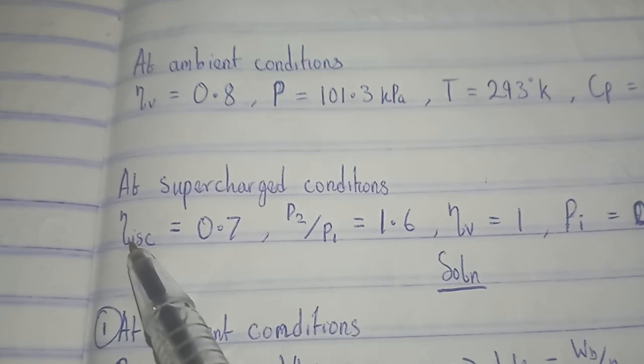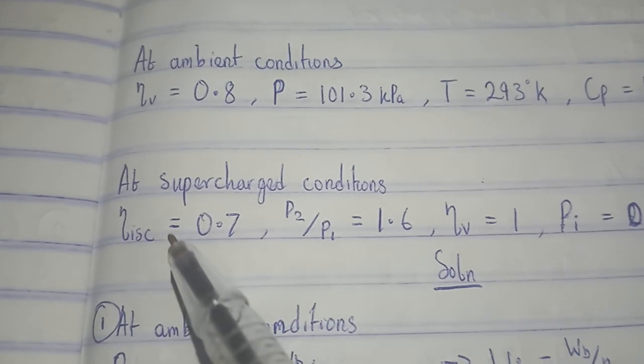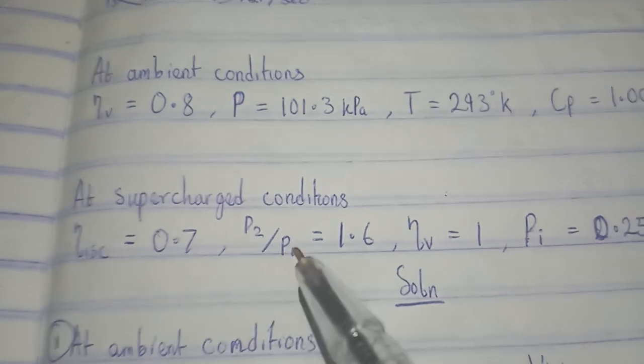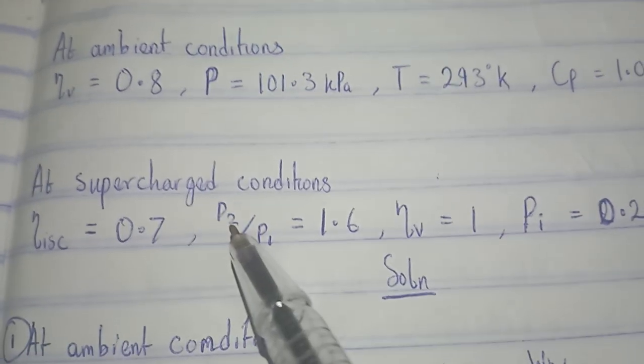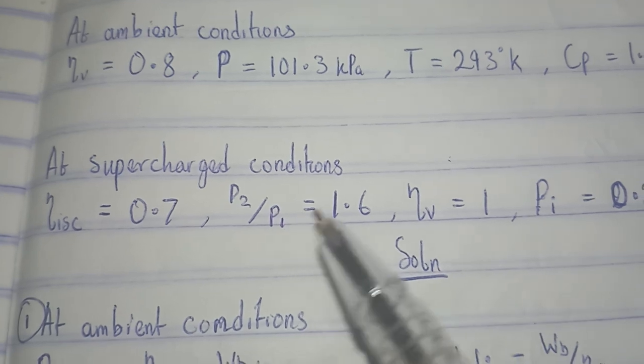The isentropic efficiency of the supercharger is 0.7, and it has a pressure ratio of 1.6. Pressure ratio simply means P2 over P1, so P2 over P1 is equal to 1.6.